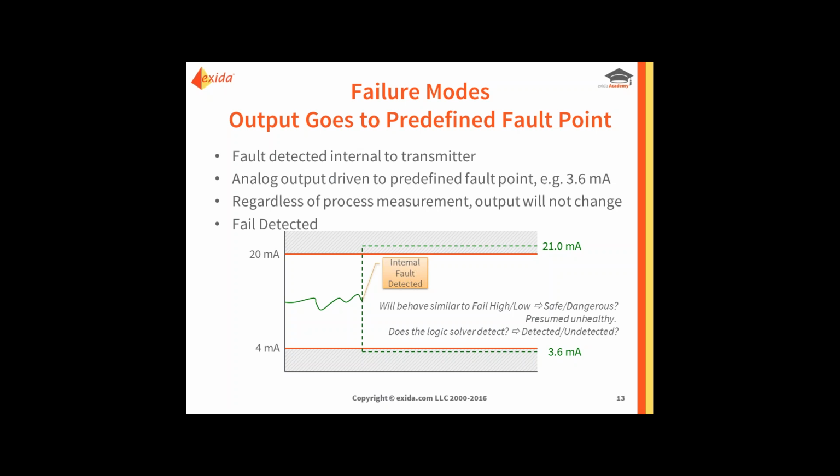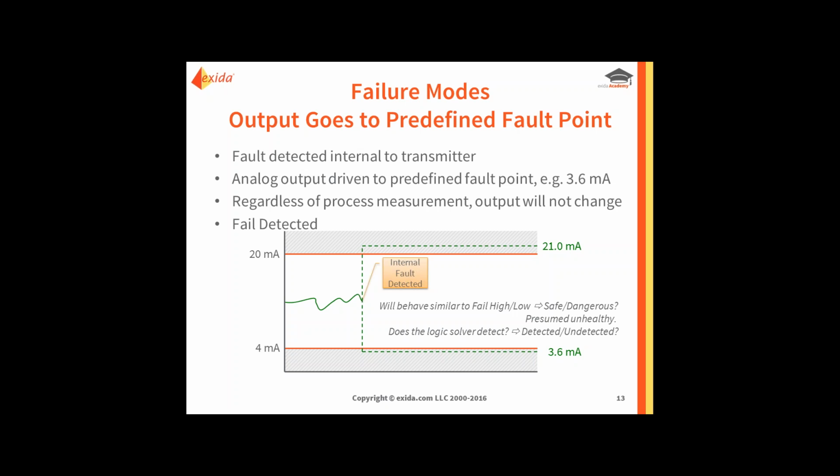Those values could be 3.6 milliamps and 21 milliamps, outside of the normal operating range, but predefined specific fault points in the 4 to 20 milliamp signal. We call those failures detected. They're detected internal to the transmitter, and they're specifically driven to these levels.